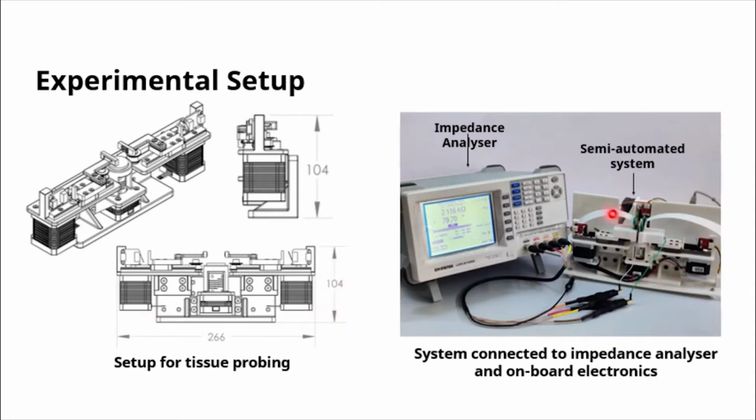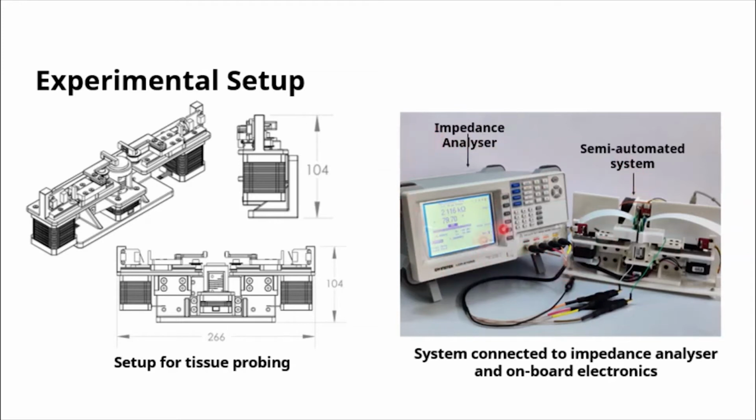While the flexible flat cables from the microchips connect to the electronic modules packaged inside the semi-automated system, the flat cables measure the resistance properties of the tissue. The impedance or the frequency dependent electrical properties of the tissue are measured using an externally connected impedance analyzer, which can measure from 10 Hz up to 5 MHz.